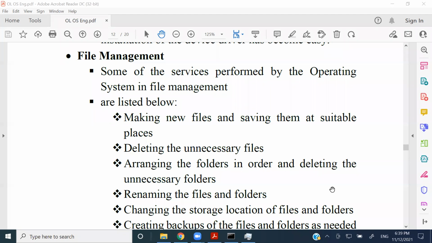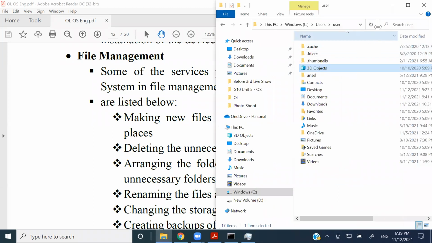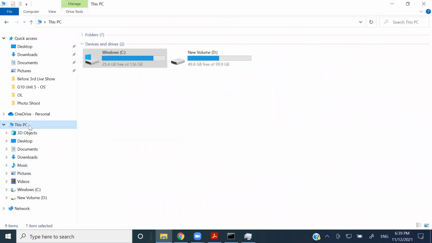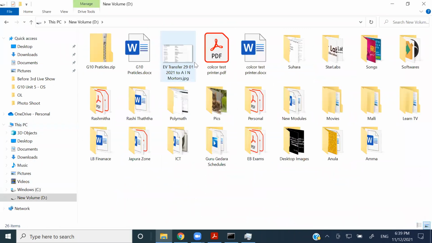So if you do not have an operating system, you won't get these kinds of structures in your computer. Right now, if you open the D drive, you can see several different folders. If the OS is absent in your device, you won't get that file management facility, right?